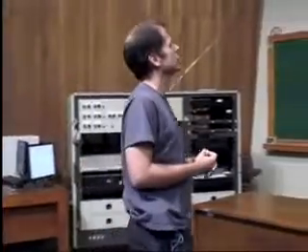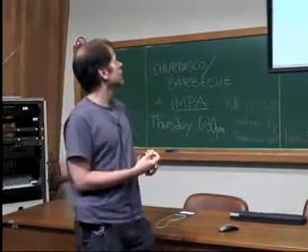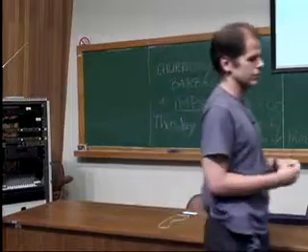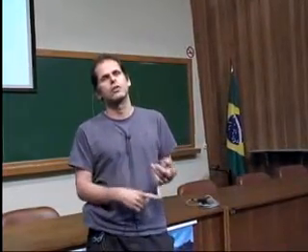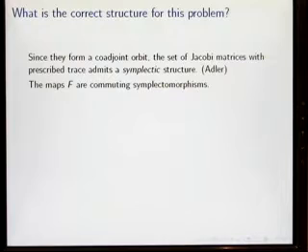Now, one point of view is, if you look at the set of Jacobi matrices with a prescribed trace, for instance, trace equals 0, then that's a coadjoint orbit of an action, and therefore it has a symplectic structure, and the flows and the iterations and all the objects we constructed respect that symplectic structure. So the maps F are commuting symplectomorphisms, and the flows also respect the symplectic structure.